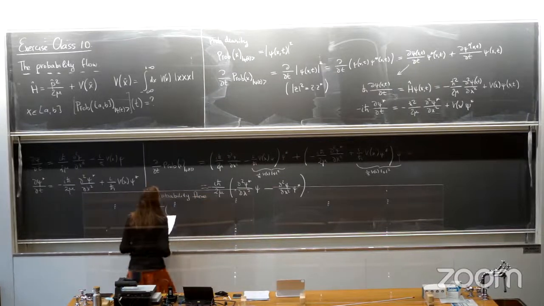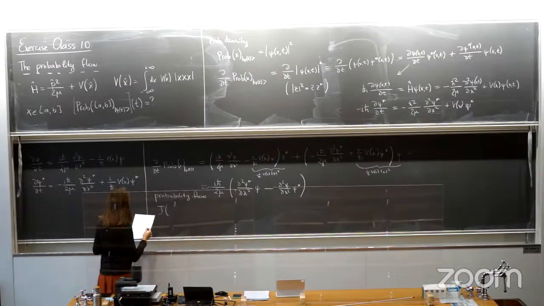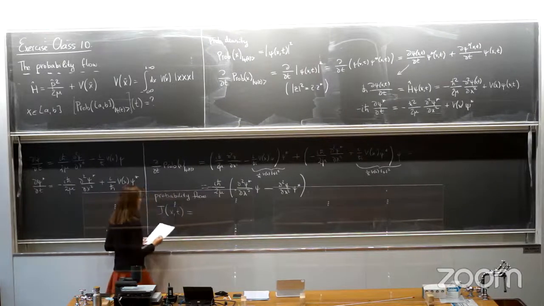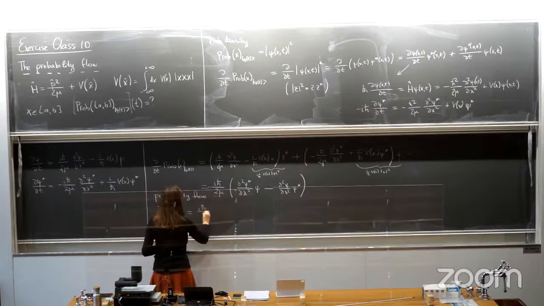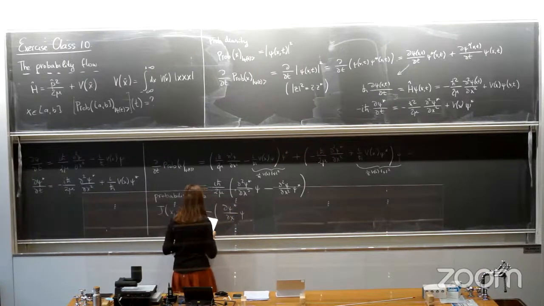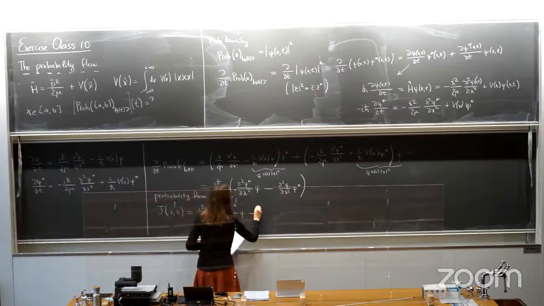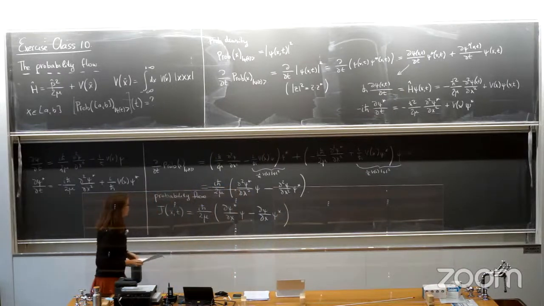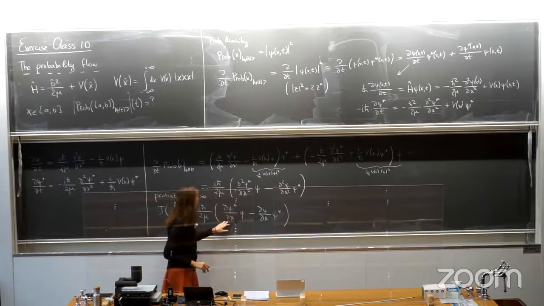The probability flow is defined as J(x,t) equals iħ over 2μ, dψ star/dx ψ minus dψ/dx ψ star. It looks very similar to what we just got here, except that there are first derivatives.